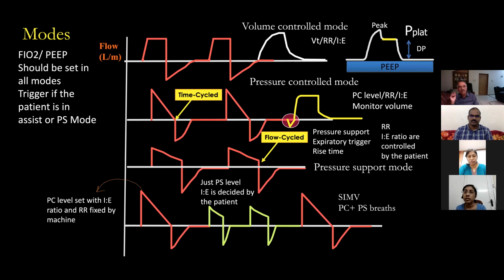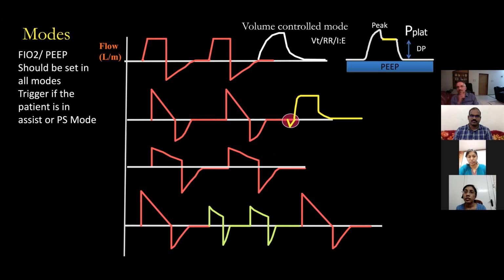So one by one, what is the first mode? Last slide. What is the first mode? First mode is volume control mode. Why did you say that? The flow time scalar, the flow pattern, is a square wave. In all modes, you set FiO2 and PEEP.